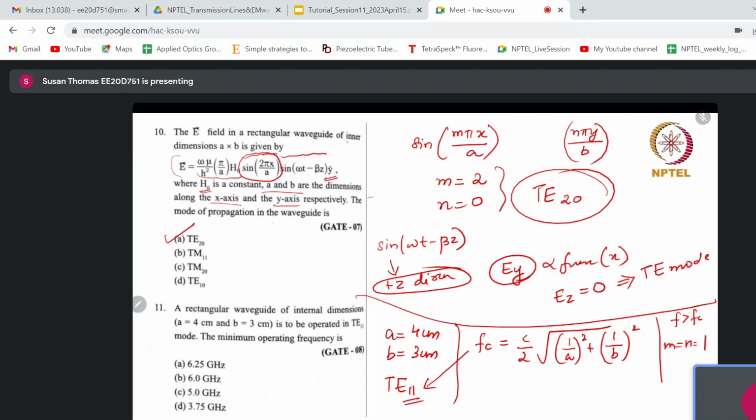Now substituting the value of A as 4 centimeter and B as 3 centimeter, if you calculate, you get 6.25 gigahertz, and that will be the minimum operating frequency, 6.25 gigahertz.